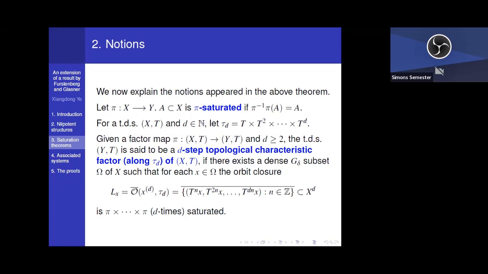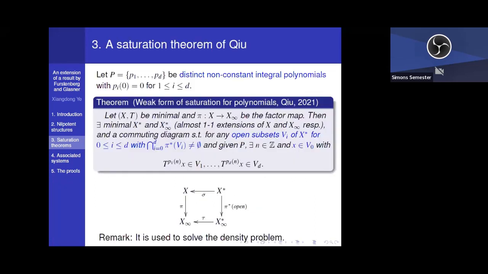So this is for linear. Also, a result proved by Qiu is a weaker form, for distinct non-constant integral polynomials with values at 0. It's the same: we have the factor, we have the modification, we get the π open.